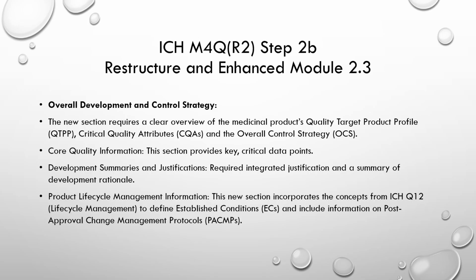It would have been submitted as part of your regulatory variation submission, but I don't think that your CTD section was updated. I haven't done one for such a long time, so I'm not sure. But now that is going to be incorporated, and your change management protocols will be included. So I think it's an improvement, and it makes everything transparent between the marketing authorization holder and the regulators.